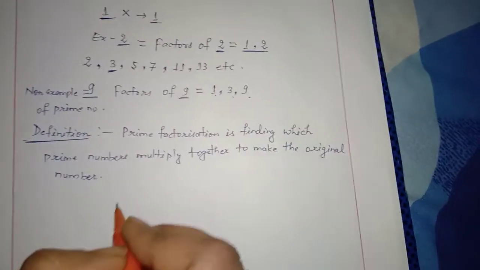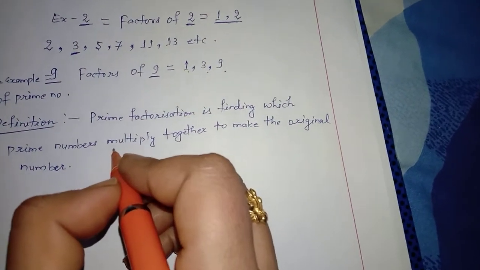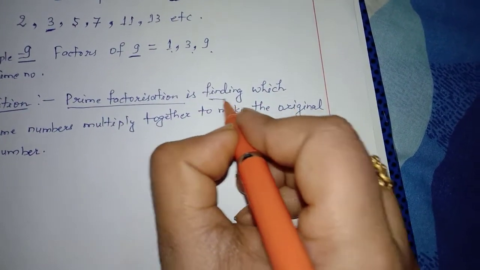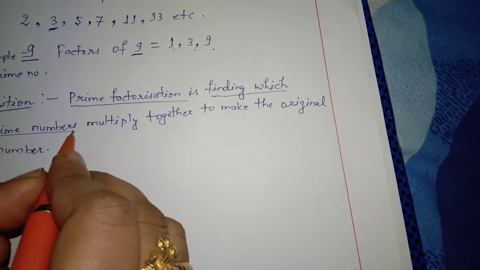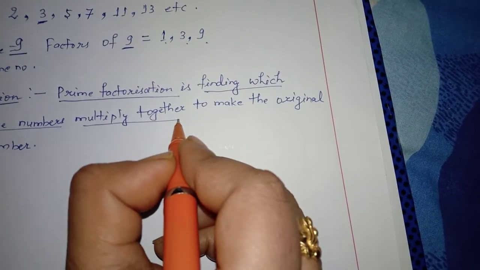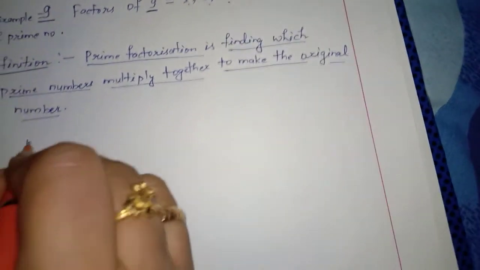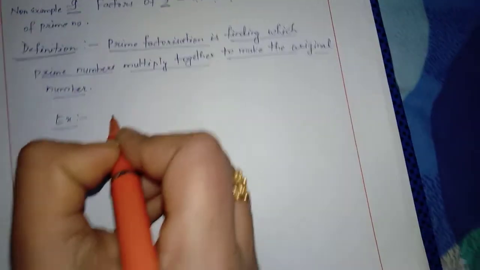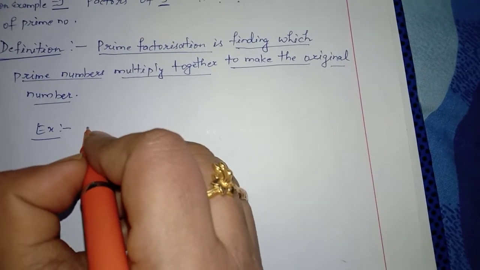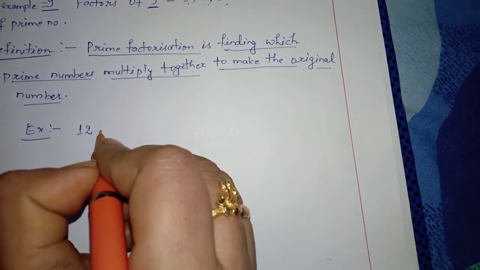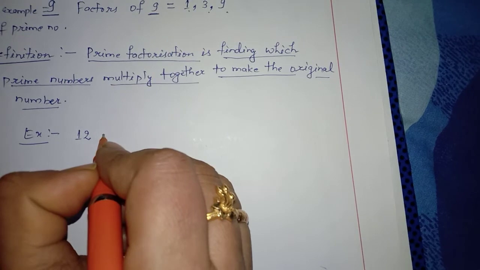Now I am repeating the definition of prime factorization. Prime factorization is finding which prime numbers multiply together to make the original number. Example: suppose I have the number 12. How can we prime factorize 12?